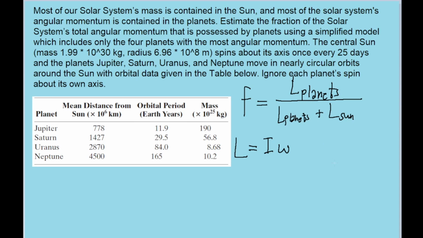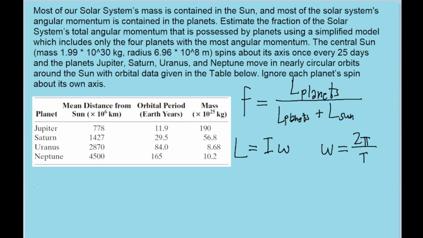We're not given angular velocity for anything in this problem, but that's not too bad because we have a formula telling us that it's equal to 2 pi over its period. For the planets, that's going to be its orbital period, which is given to us in this table. And for the sun, that'll just be its period of spin, which is given to us as 25 days.